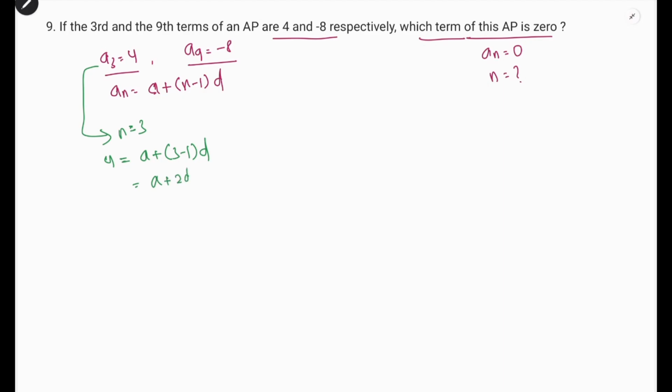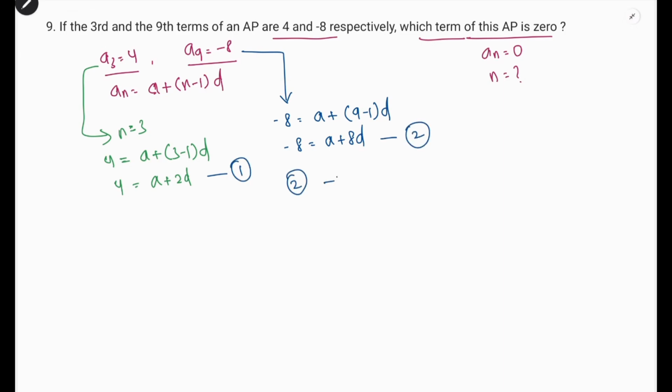It is a plus 2d is equal to 4. And from this one we will write the 9th term, minus 8 is equal to a plus 9 minus 1 into d. Minus 8 is equal to a plus 8d. This is the first equation, this is the second equation.